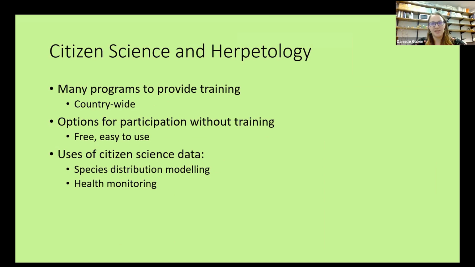I am more specifically interested today in discussing citizen science and herpetology. So herpetology is the study of herpetofauna, which includes snakes, turtles, lizards, frogs, salamanders, things like that. There are many different programs that will provide training to citizen scientists all across the country and even all across the world.